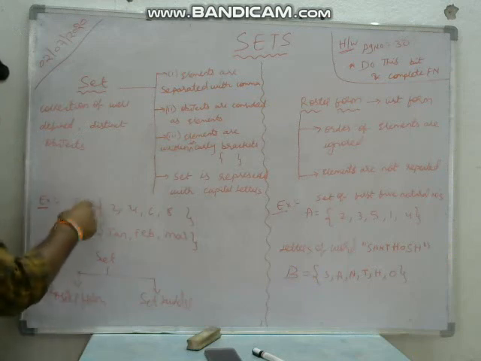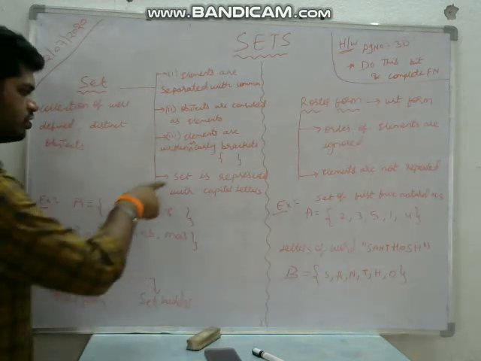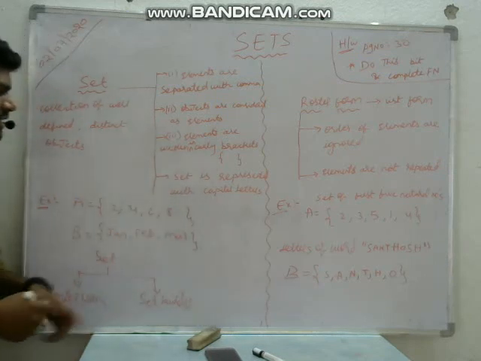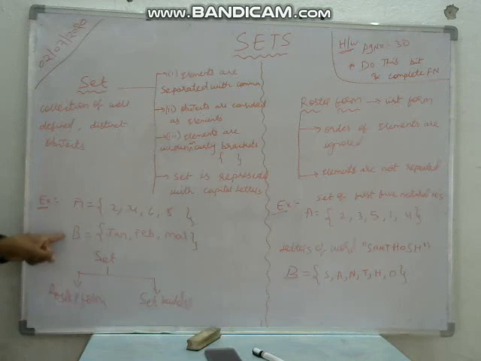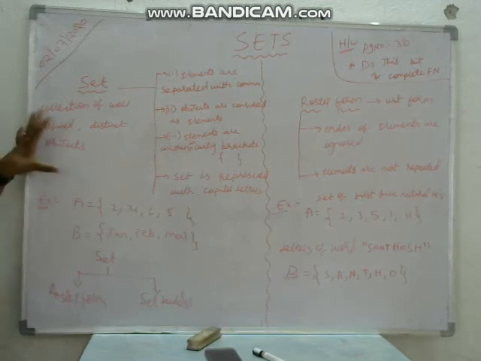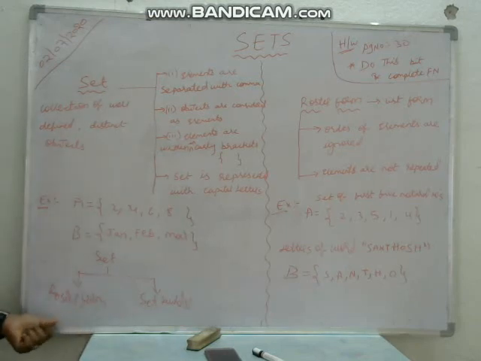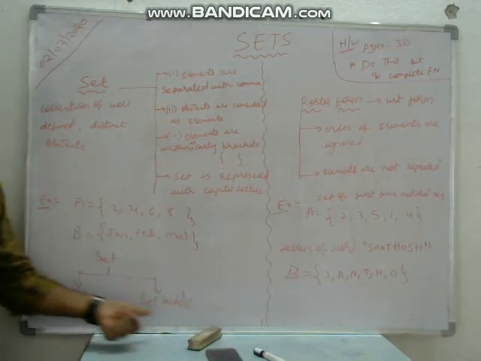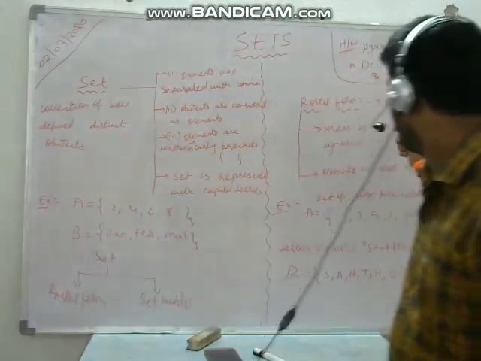These are the curly brackets or flower brackets. All the elements should be written in curly brackets. And fourth rule is what? Set is represented with capital letters. Capital A, capital B. Right? So this is a set. This set can be represented in 2 forms. That is what? Roster form, set builder form. Roster form can also be called as list form.